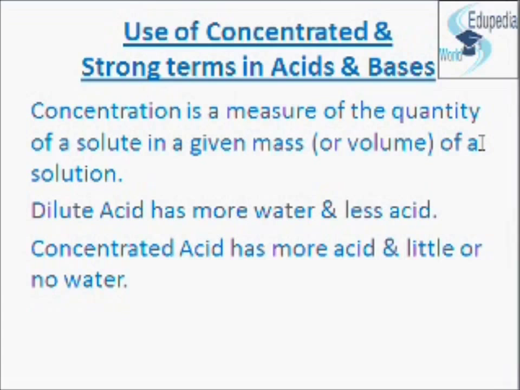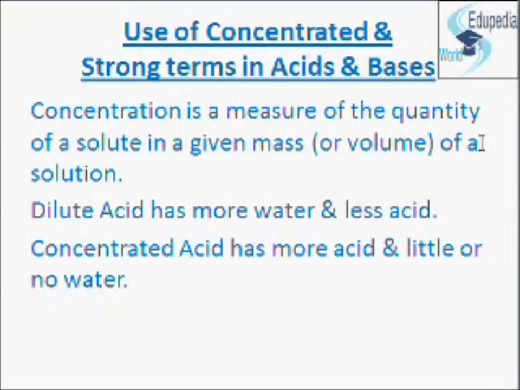A concentrated acid has more moles of acid per liter of its solution in comparison to a dilute acid which has lesser moles of acid per liter of its solution. We can also say that a dilute acid has more water and less acid, while a concentrated acid has more acid and little or no water.